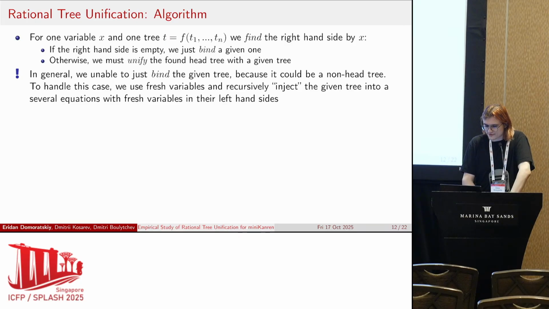Next, the two rules of unification are what we need to do when we are faced with one variable and one non-variable tree. Firstly, we need to find the right-hand side by variable x, and if there is a right-hand side already, we need to just unify it with the given second tree, and if there isn't one, we need to bind the given variable with the given tree.